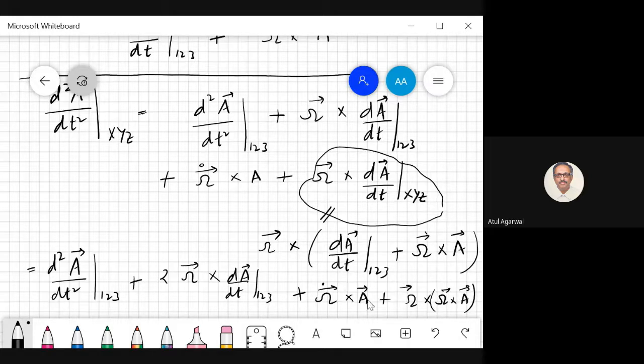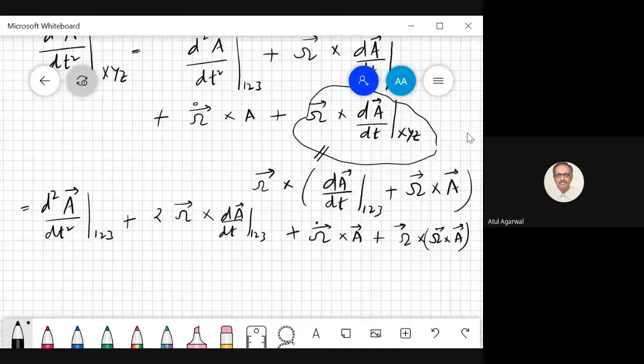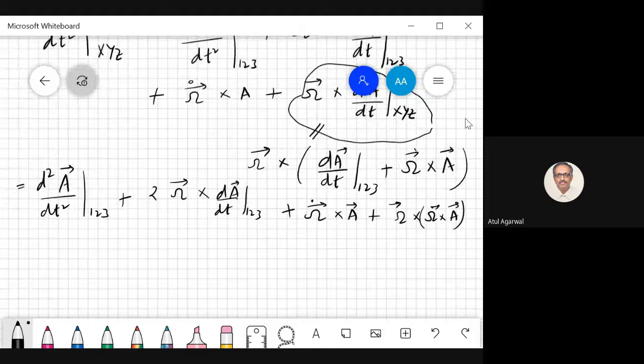Is it all right? You see, this is like the time derivative of vector A relative to the rotating frame plus 2 omega cross the time derivative of the vector A with respect to 1, 2, 3.